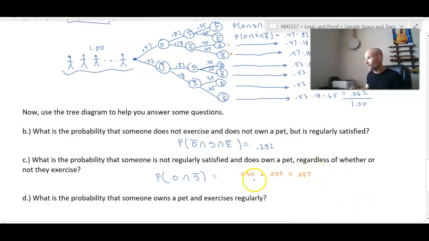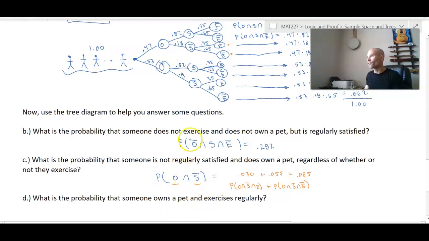Another way you could think about this is what we added together here is the percentage of people who own a pet and are not satisfied and do exercise, plus the percentage of people who own a pet and are not satisfied and do not exercise, right? So that's all the people who qualify as both owning a pet and not being satisfied.